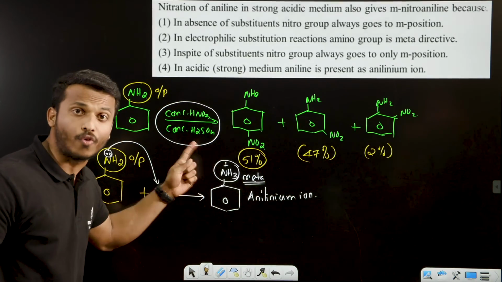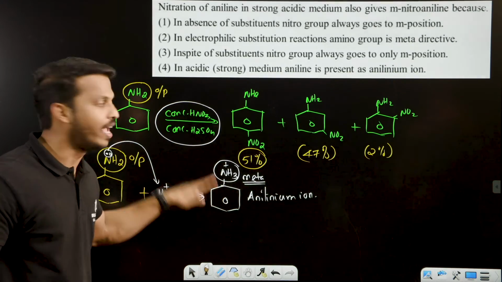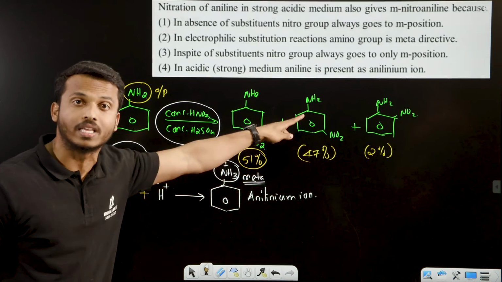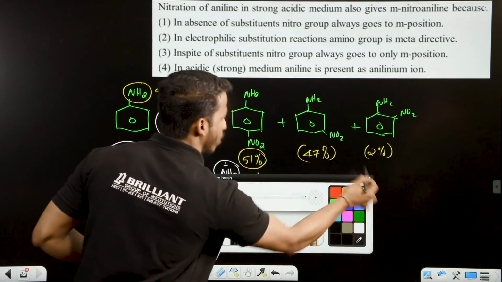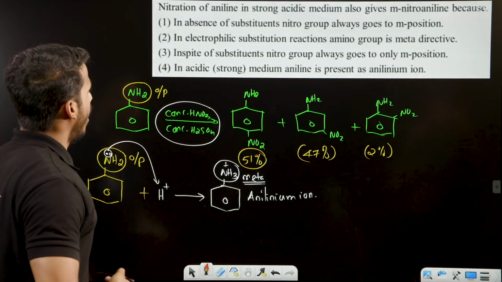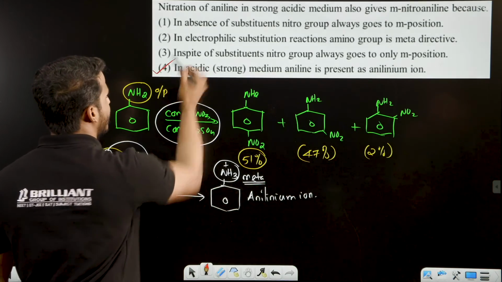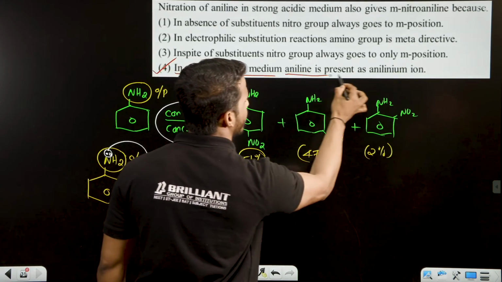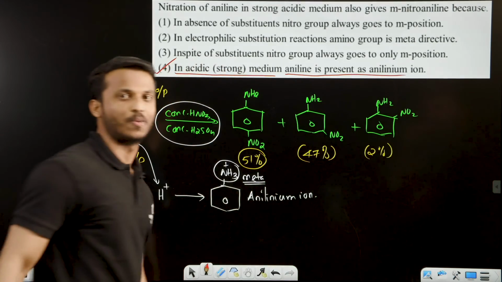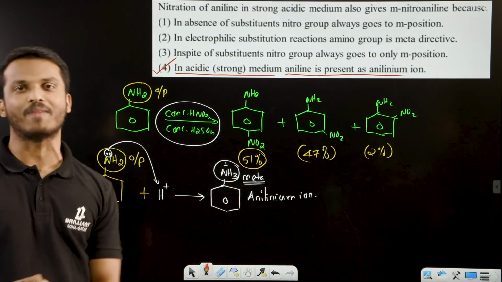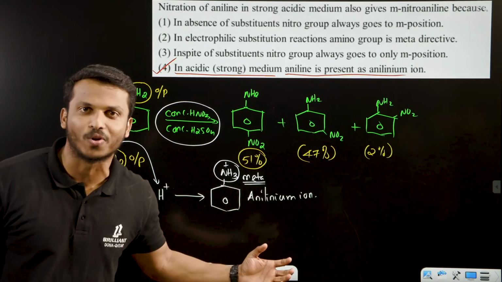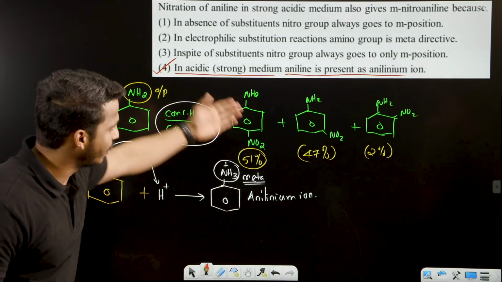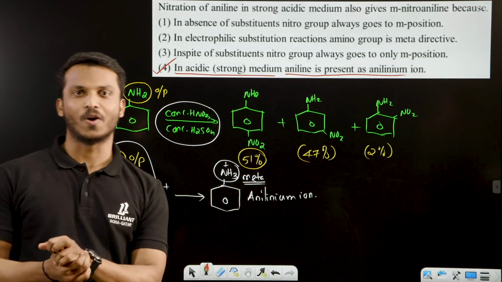So because of the formation of anilinium ion, it gives around 47% meta product. So I think option 4 is the correct answer. In acidic medium, aniline is present as anilinium ion, so we get a substantial amount of the 47% meta product. Hope you're clear.